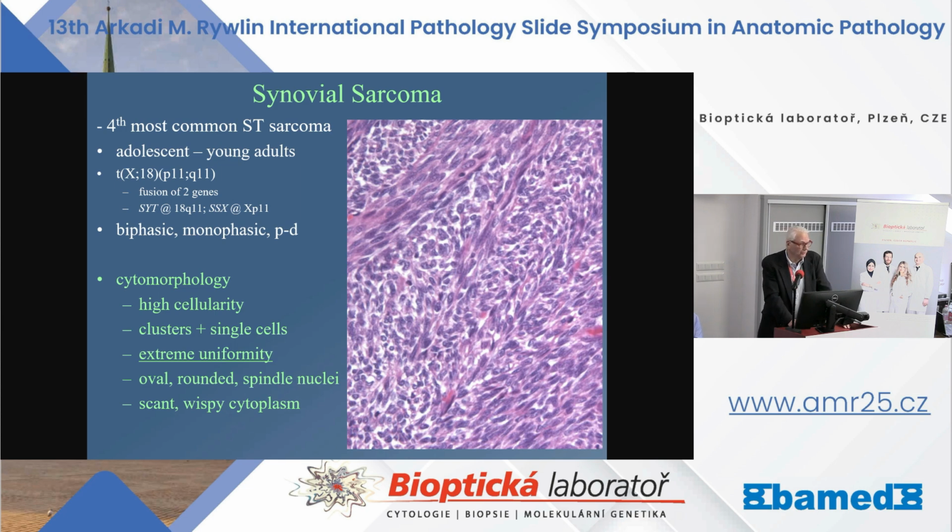I remember Saul Schuster telling me synovial sarcoma is like the carcinoid tumor of soft tissue, because one nucleus looks like the next nucleus, which looks like the next nucleus, etc. So the nuclei are typically spindled. Many of them are ovoid. I've even seen them, particularly in cytology, they can be rounded.